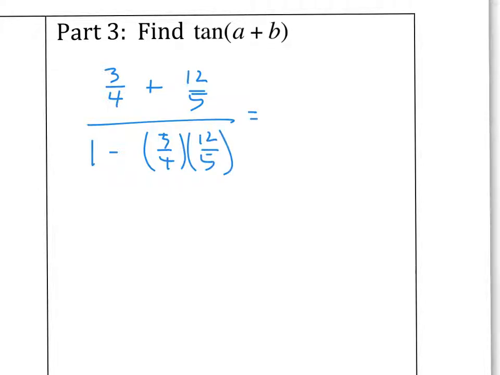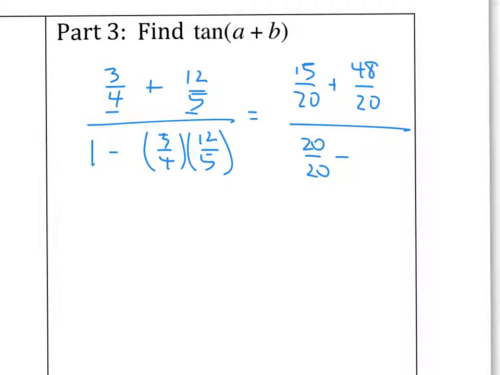Okay, all right, so what's the common denominator for 4 and 5? 20, so I'm going to multiply by 5 and get 15/20 plus 48/20.